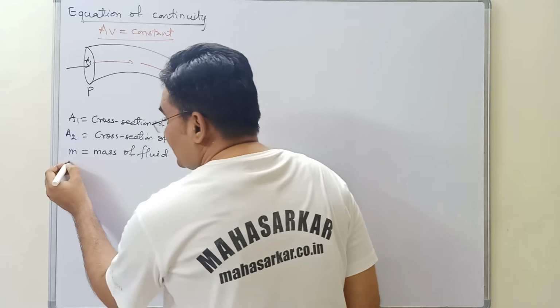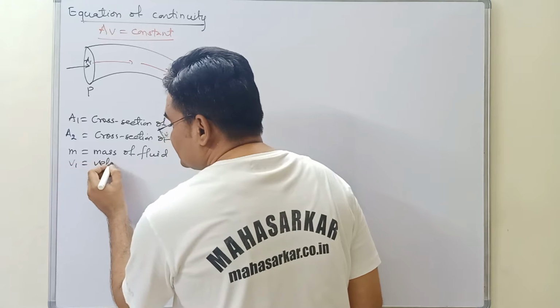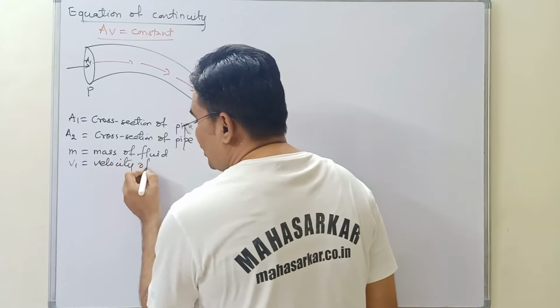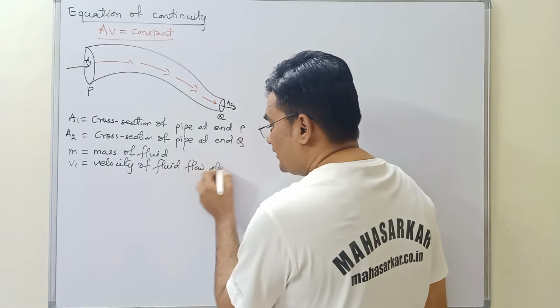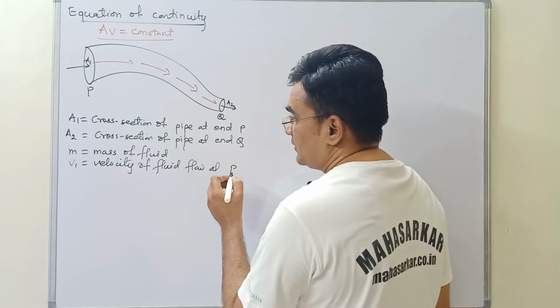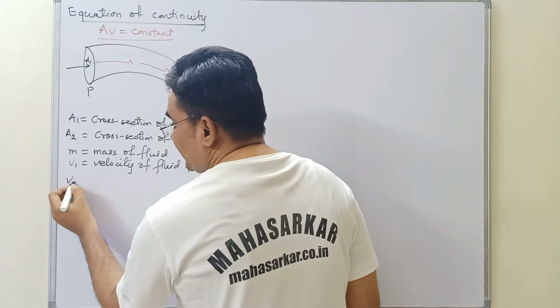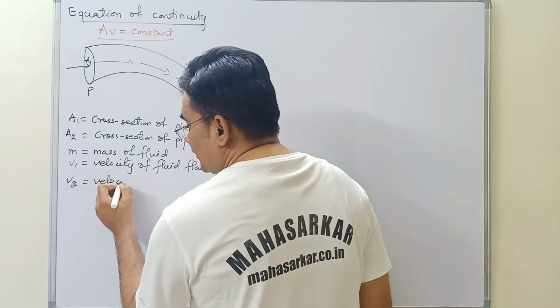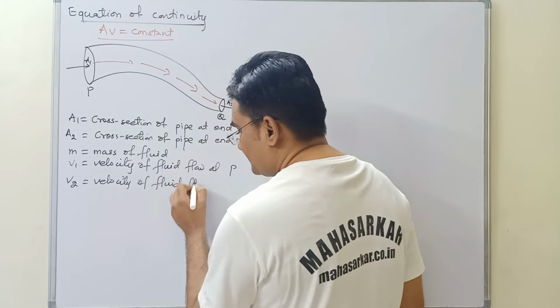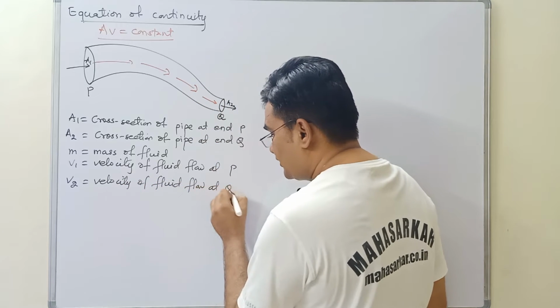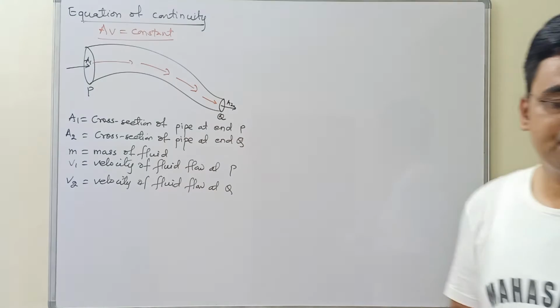So let V1 be the velocity of fluid flow at P and V2 the velocity of fluid flow at Q. Okay.